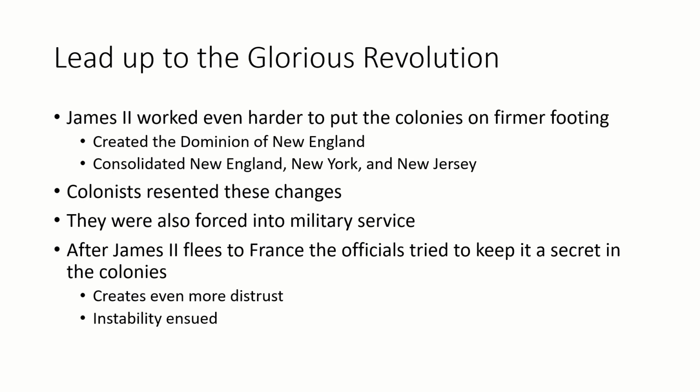If there's no king in England, there was no government in the colonies. So this process of the colonies declaring allegiance to William of Orange and Mary was a means to create stability.